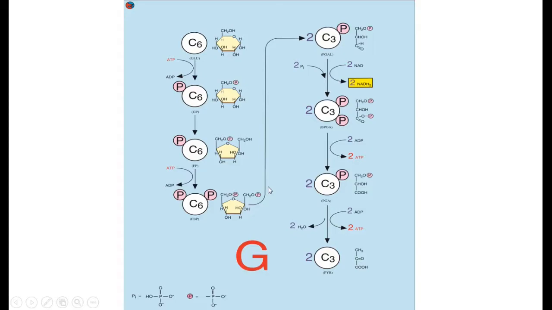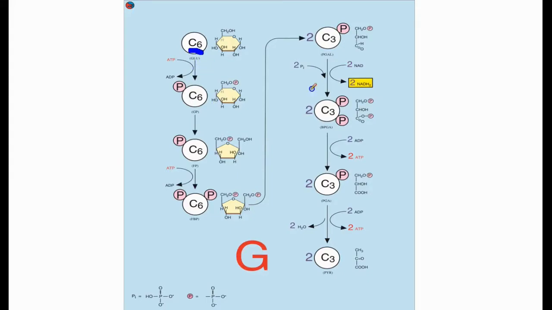This is the diagram of glycolysis. It's a simplified version because if you remember in the text we said that there were 10 enzymes. In this one they are not all figured, but you've got the main steps of glycolysis. Let's explain some of the symbols.